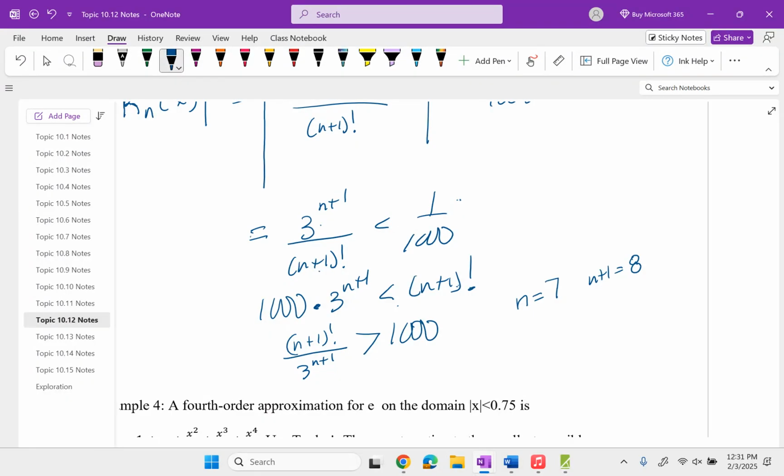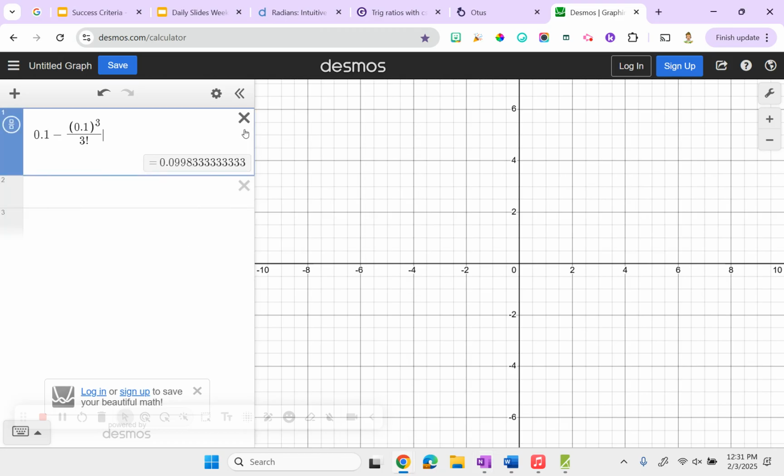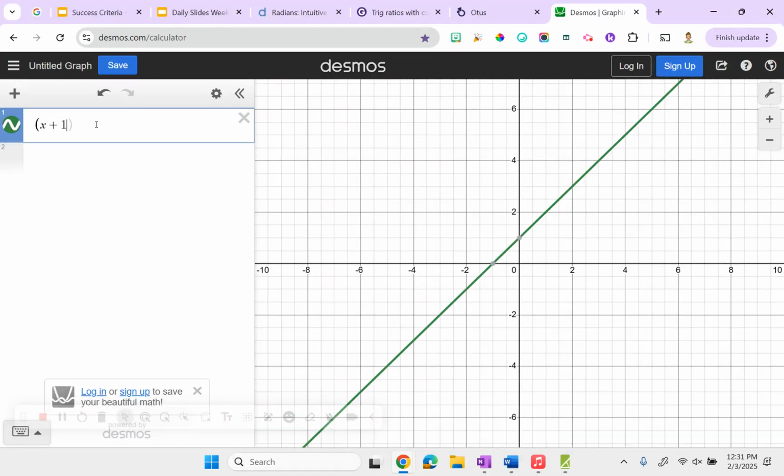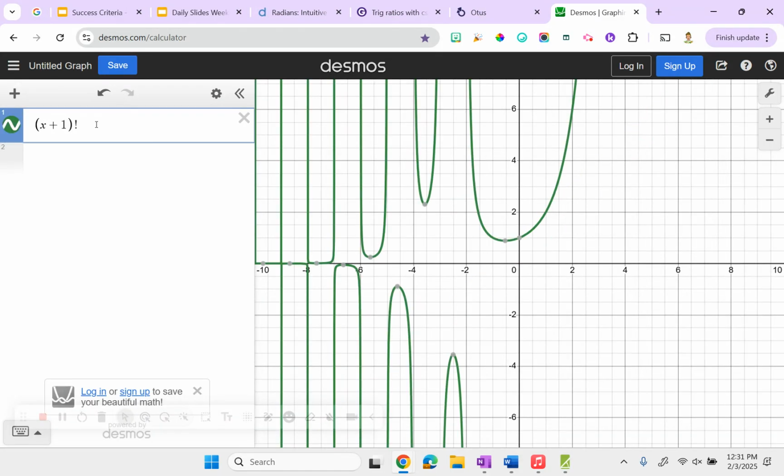There really isn't a good way to solve it other than kind of guessing and checking with our calculator. We could. Let's try that. Let's see if we can do that. All right, so n plus 1 factorial. Oh, sorry, let's not do n. Let's do x. Let's see if what Ryan wants to do works.